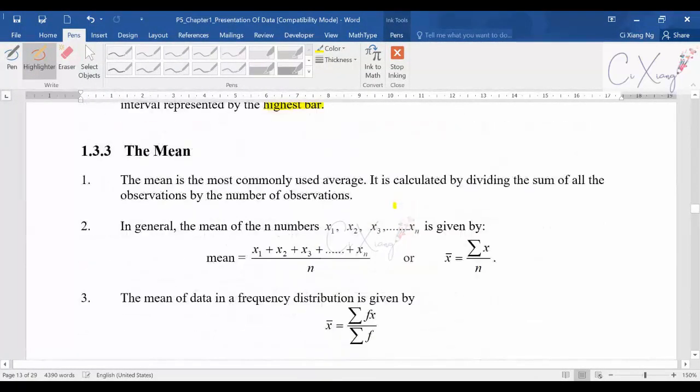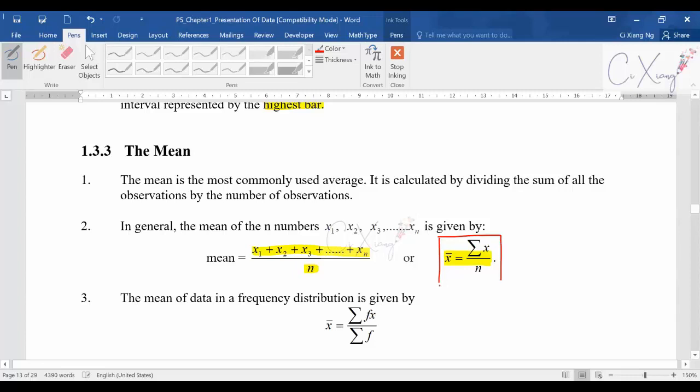For the mean part, generally we need to do some calculation. The mean is the most commonly used average. So how are we going to get the mean? We have to add all the data together and divide it by n. When we summarize it, we'll write it like this. This is the general formula.